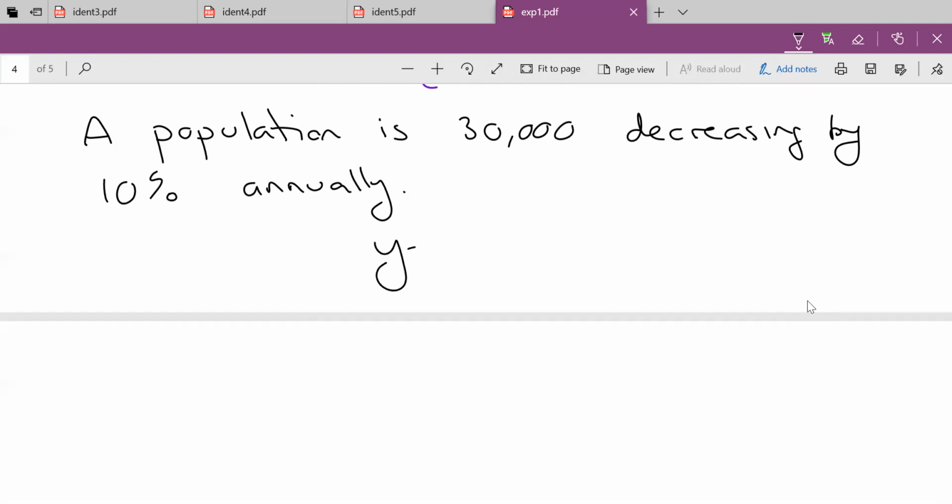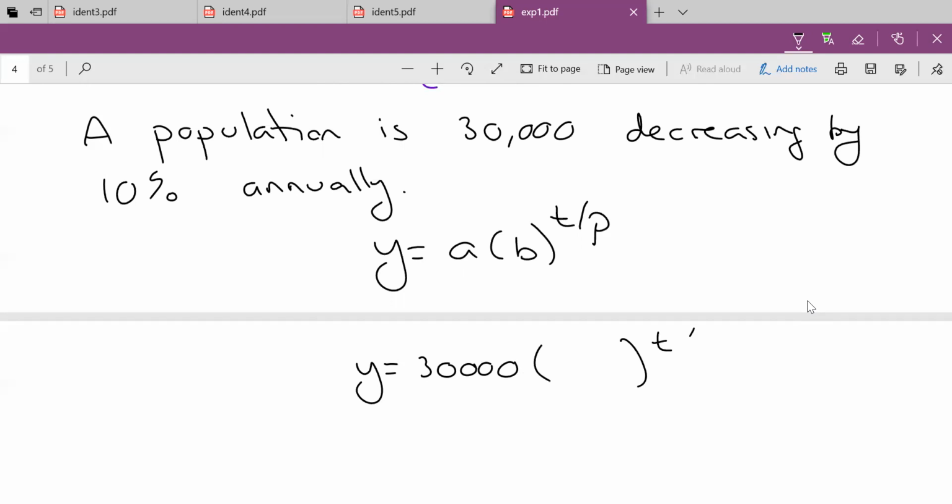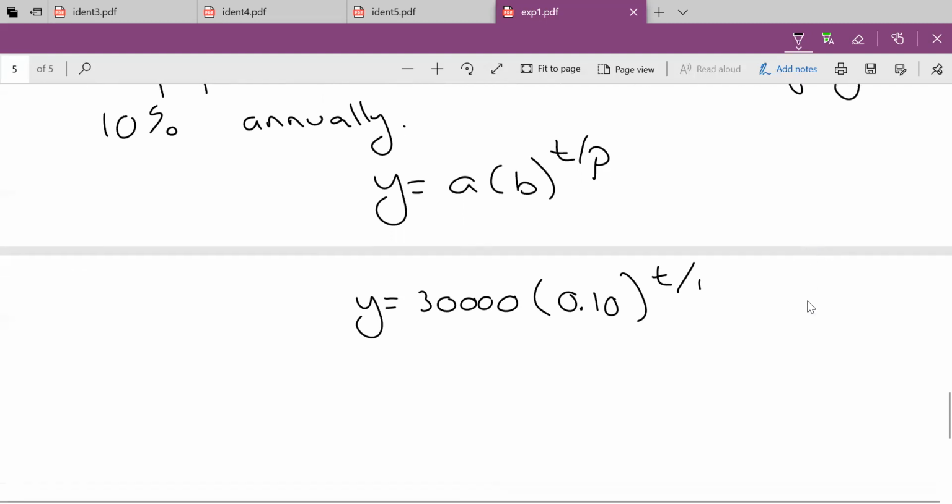Well, this will be a b to the t over p. I think everyone sees that the a value is 30,000 when they do these questions for the first time. T over 1, the period is annually. Where a lot of people struggle is coming up with the base. I'll see this a lot for the base, 0.10, which is really wrong.